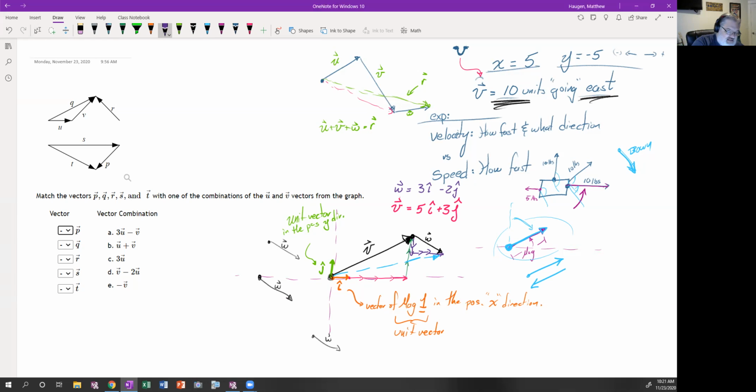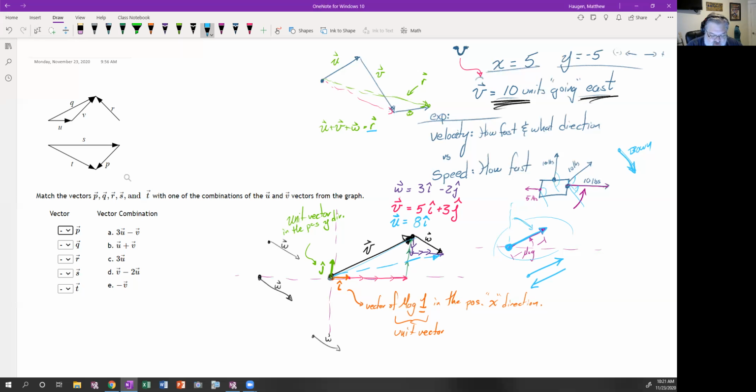So if we wanted to add these together and find that blue vector, which I'm going to call u — u, v, and w are probably the three standards for vectors, but they can be anything — if we wanted to find the component form for that blue vector, just add them together. v plus w is going to be 8 i hat.